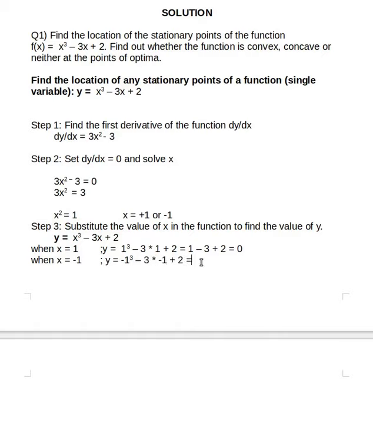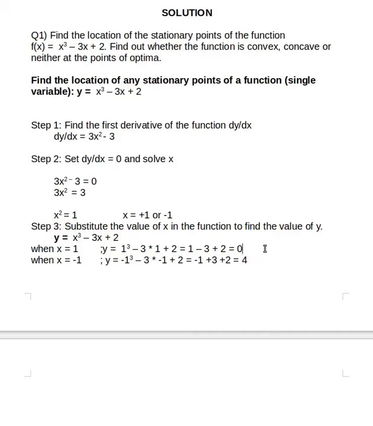So the equivalent answer will be minus 1, minus into minus plus 3 plus 2. So the answer is 5 minus 1, 4.